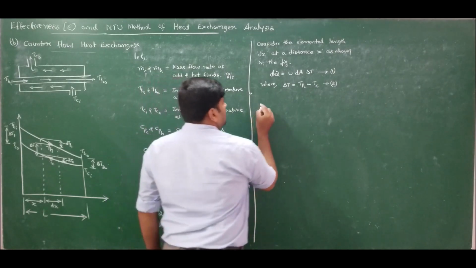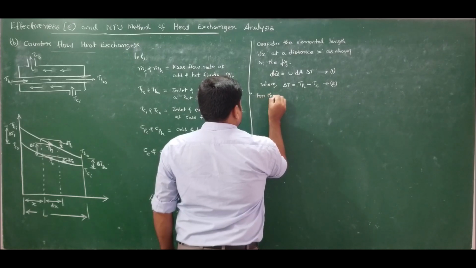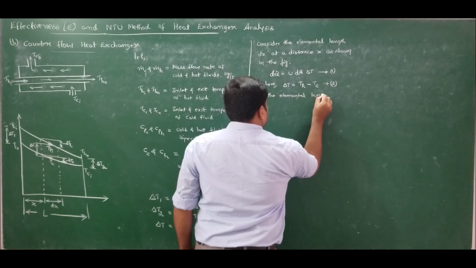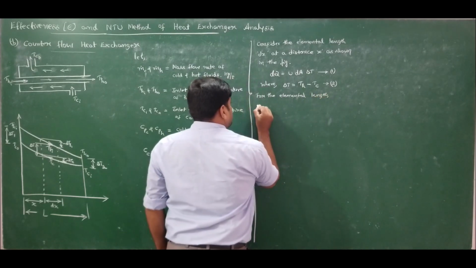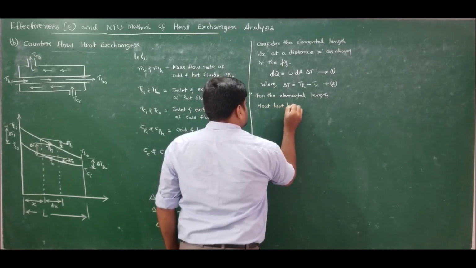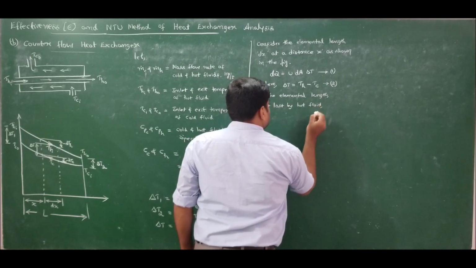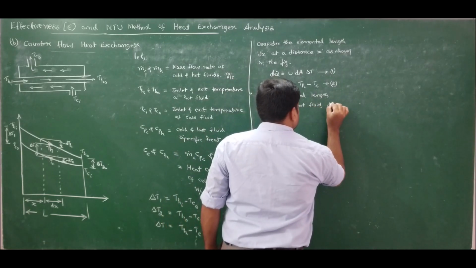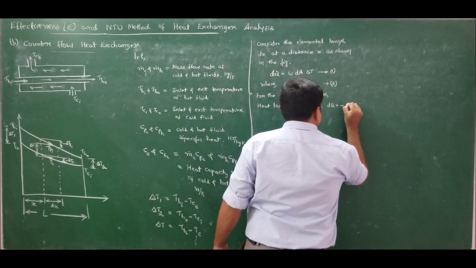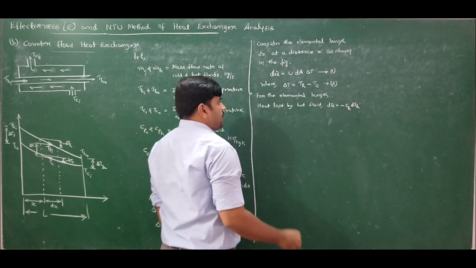Now for the elemental length, the heat lost by the hot fluid, dq, is again negative, right? Minus Ch dTh.